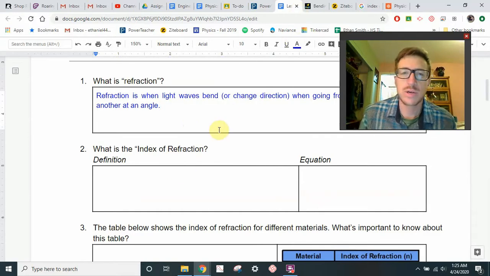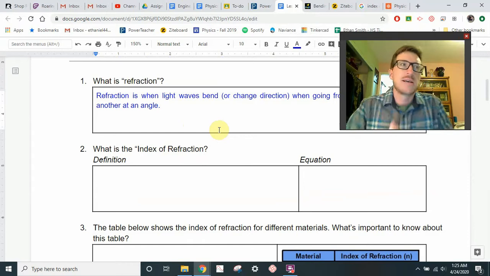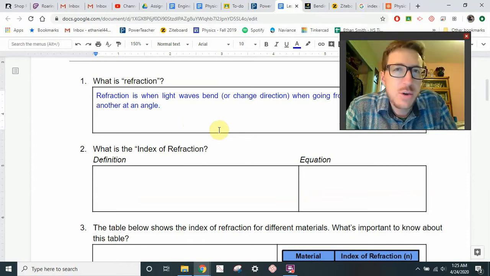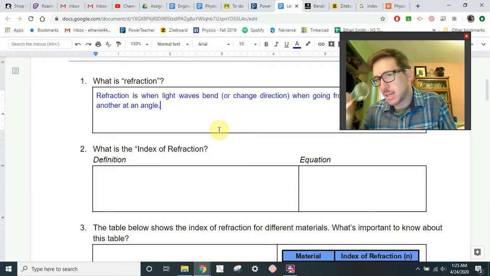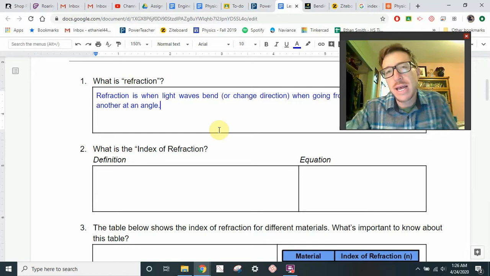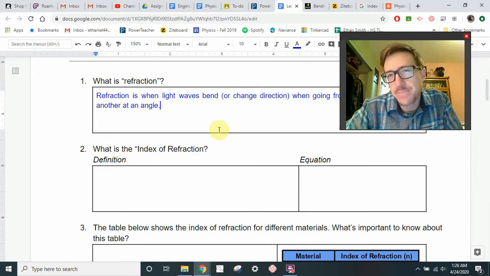In order to understand this, we have to understand that light does not always travel at the speed of light. In fact, as light travels through a material like this lens, a prism, or water, it actually slows down a little bit.